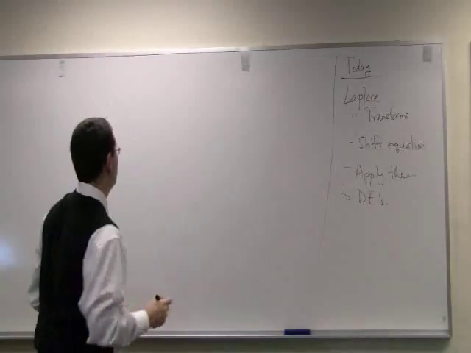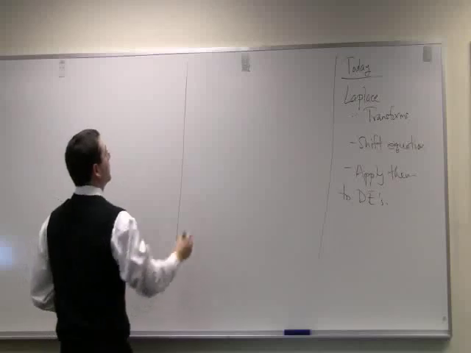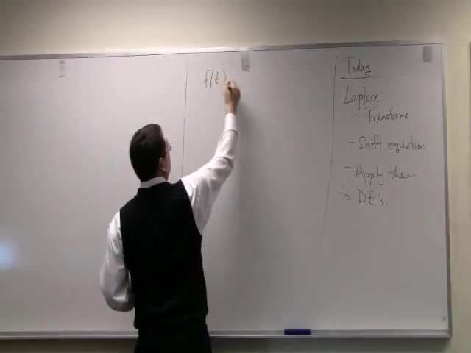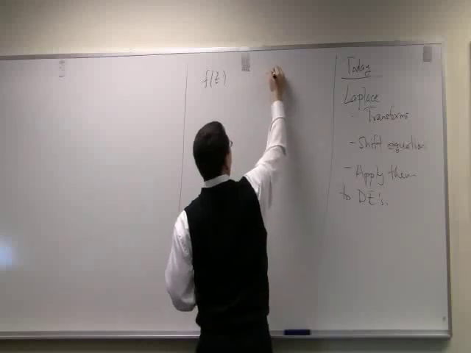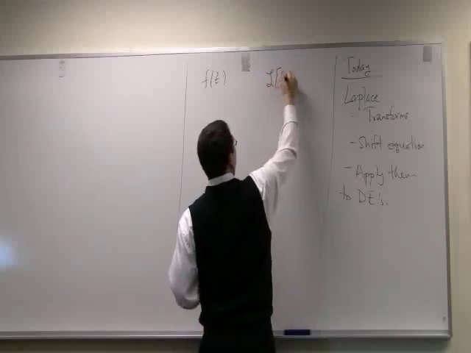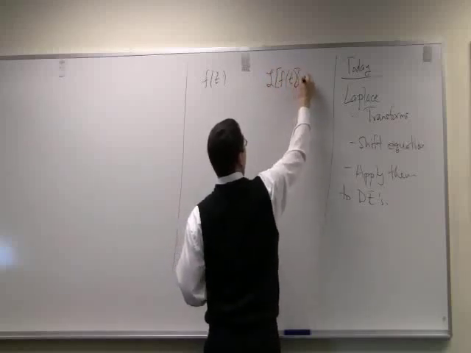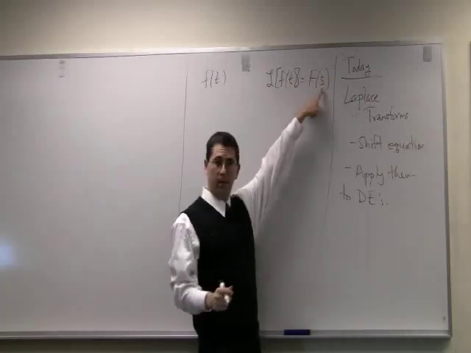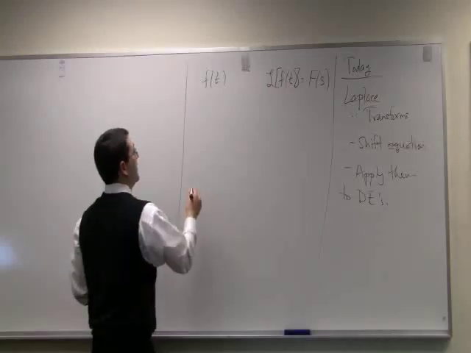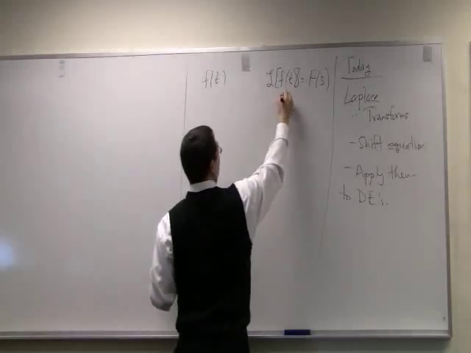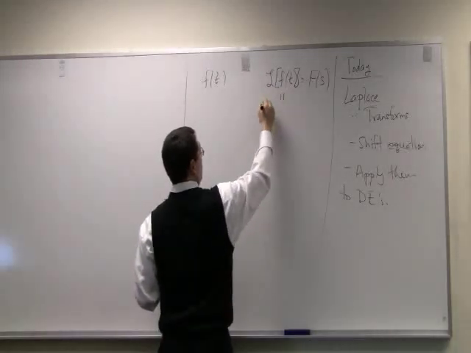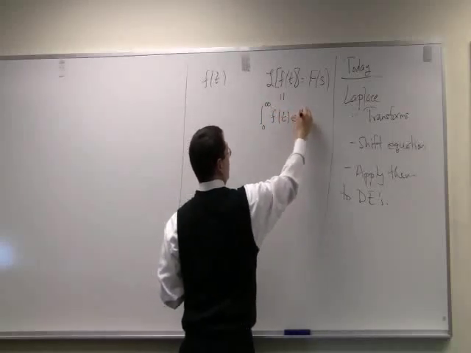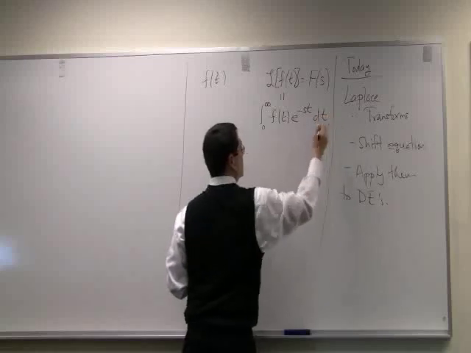So last week, you'll recall, we said, okay, if you have some function f of t, you can define the Laplace transform. This is a function of a different variable s, right? And the definition here was the improper integral from 0 to infinity of f of t times e to the minus st dt.